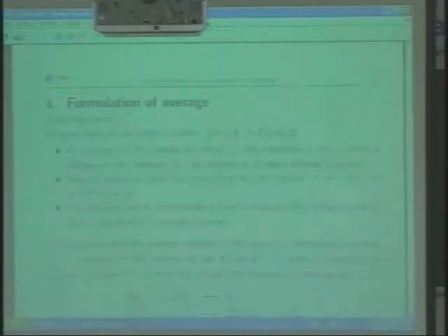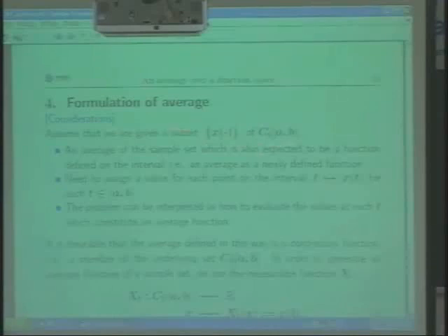So with that concept, I try to generate a sample average now. We have a subset of C_0[a,b]. We have a set of continuous functions, whether it is a finite set or an infinite set. We can find some average using the previous concepts.